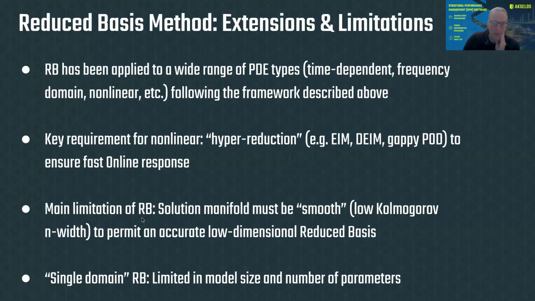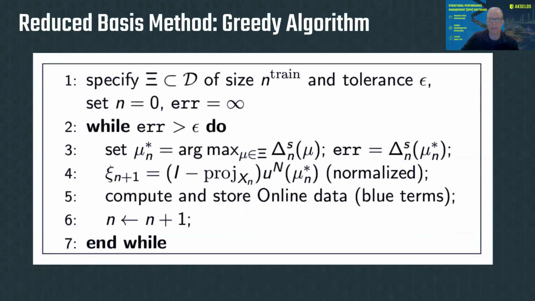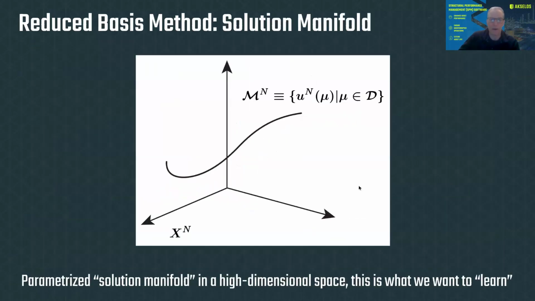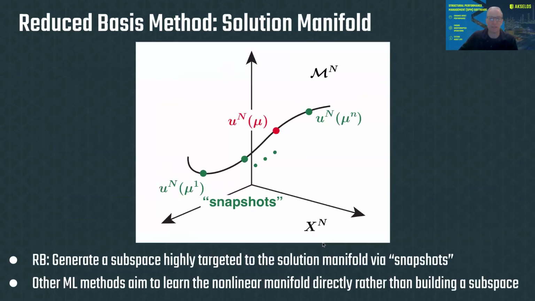But the main limitation of it is the bottom one I'll get to in a second. One limitation is that the solution manifold should be smooth if you expect a low dimensional reduced basis space to be created. So that's going back here. If we have a solution manifold that's jumping all over the place, you can imagine it's going to be very hard to make a low dimensional representation of that solution manifold.